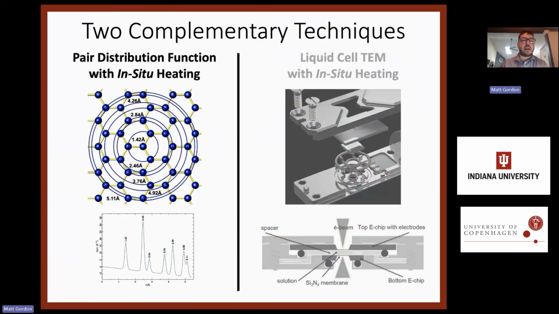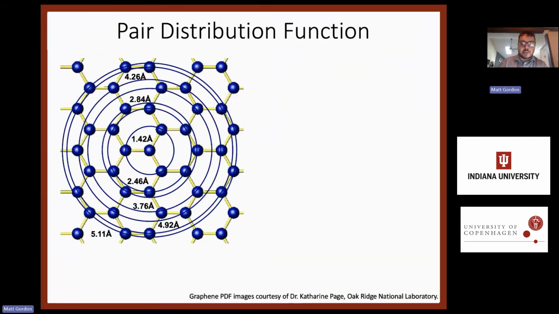So looking first at our pair distribution function work. Pair distribution function, just to give a brief overview of it, can be thought of as a way of mapping the distance between any two pairs of atoms in a crystal structure. So if you look at this simple sheet of graphene, you might take this as your center atom.